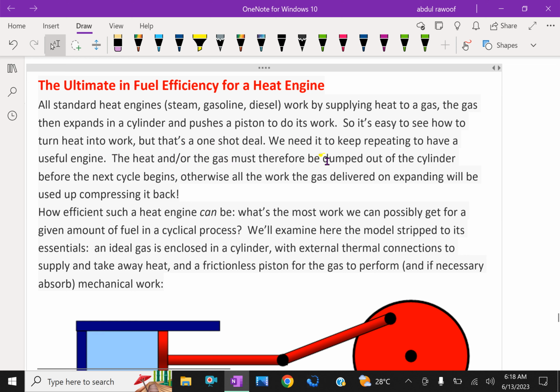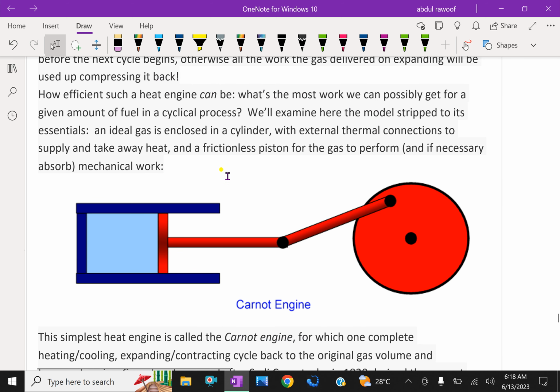We need it to keep repeating to have a useful engine. The heat and or the gas must therefore be dumped out of the cylinder before the next cycle begins. Otherwise, all the work the gas delivered on expanding will be used up by compressing it back.